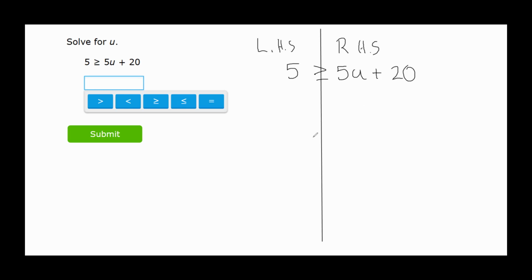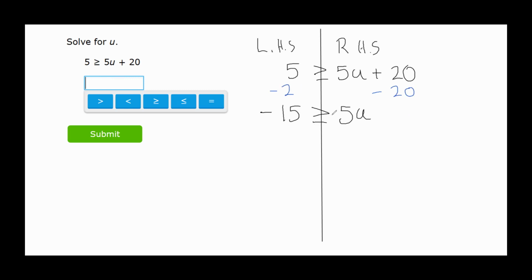Now, let's say you're clear on what the first step is. You know that you got to subtract 20 and you're okay with doing the mental math. So then what you would write is negative 15 greater than or equal to 5u. And in case you're not clear, what I did to go from this line to this line, I just simply subtracted 20 from both sides.